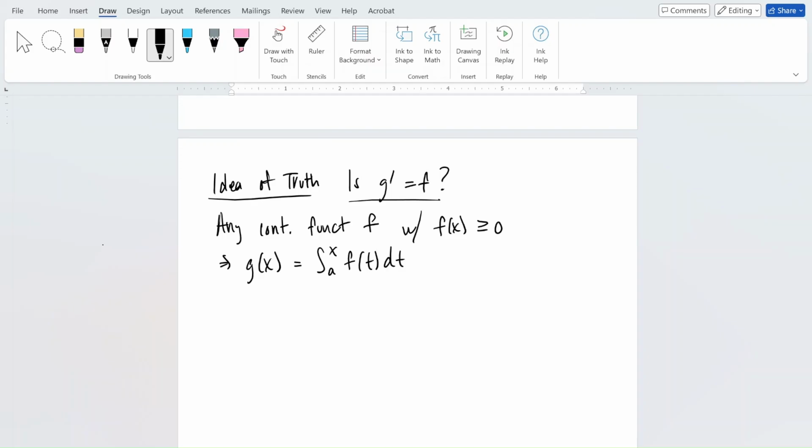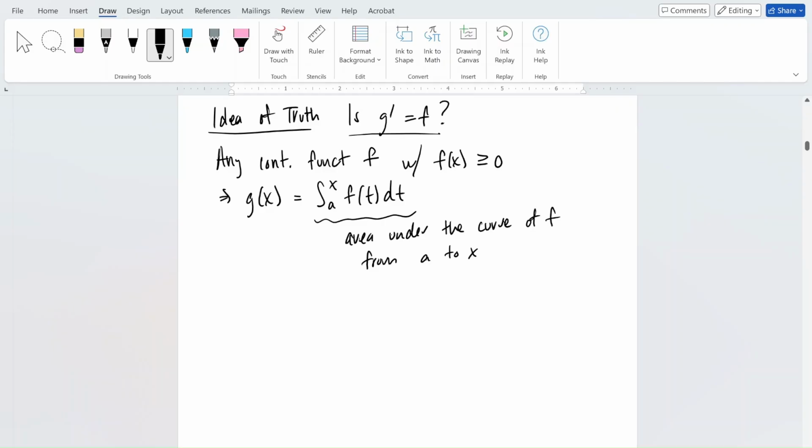If f of x is greater than 0, then the area under the curve should also be positive, right? Remember that this is just the area under the curve of f from a to x.